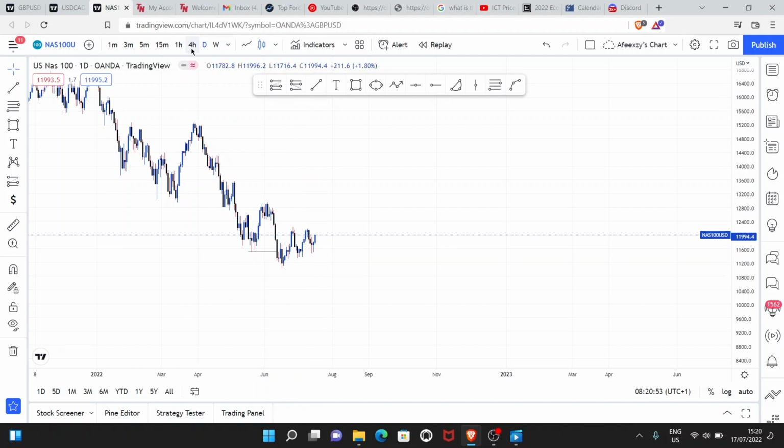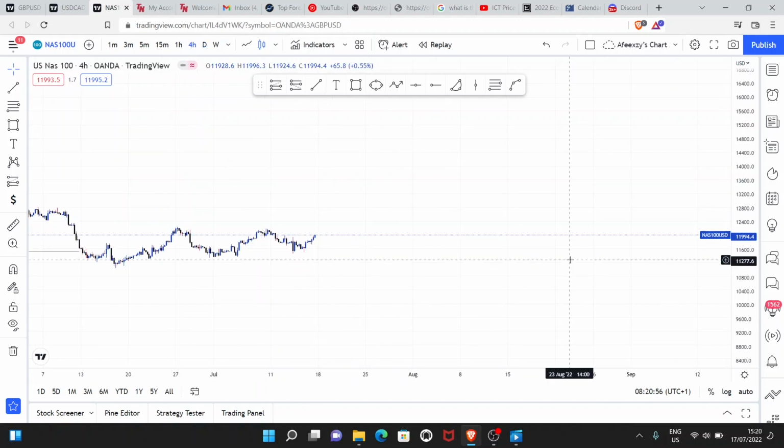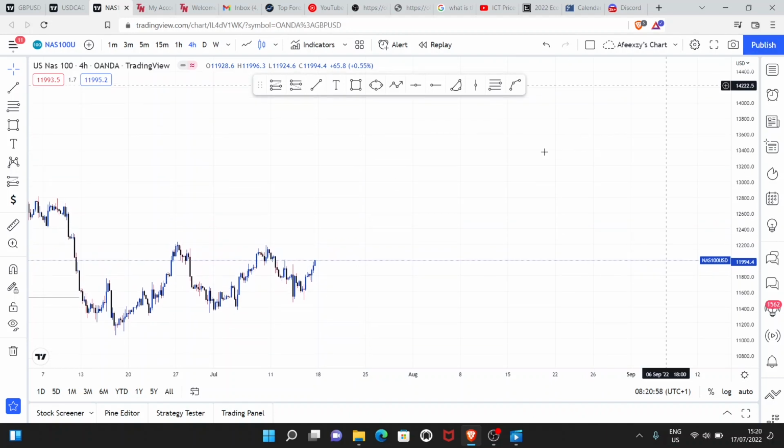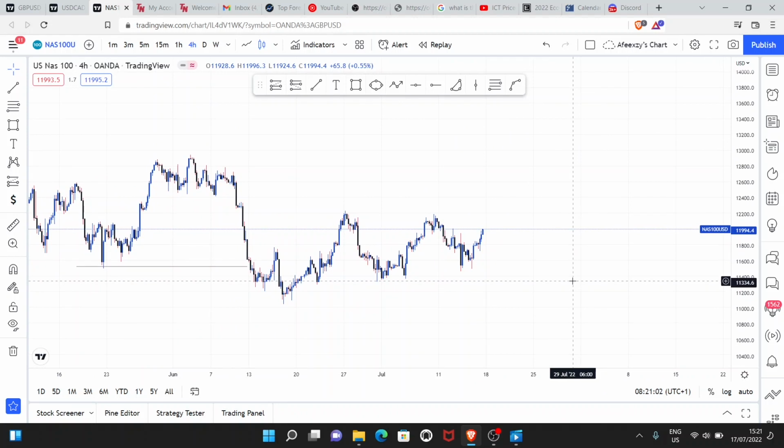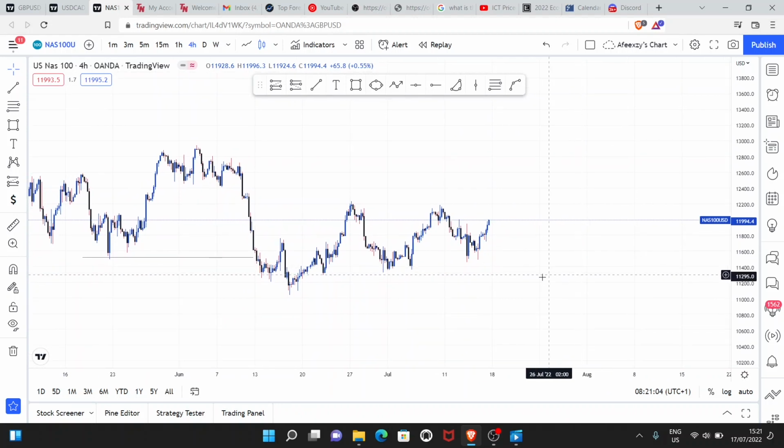So let's go to a 4 hour. On our 4 hour time frame, I can see this fair value gap being filled here. It filled the fair value gap up to this point.